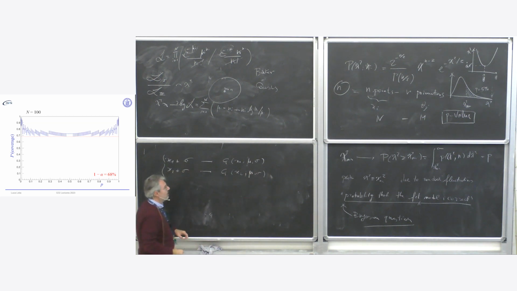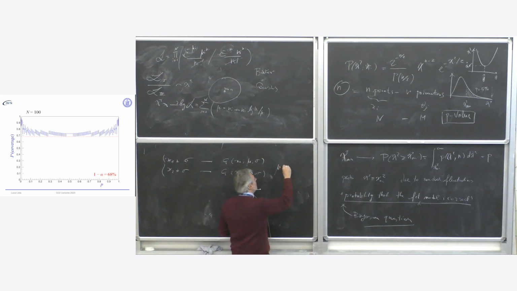We saw that we can build the likelihood, which is the product of the two, and the maximum likelihood gives us just mu equal to (x1 plus x2) divided by 2, with an uncertainty of sigma.